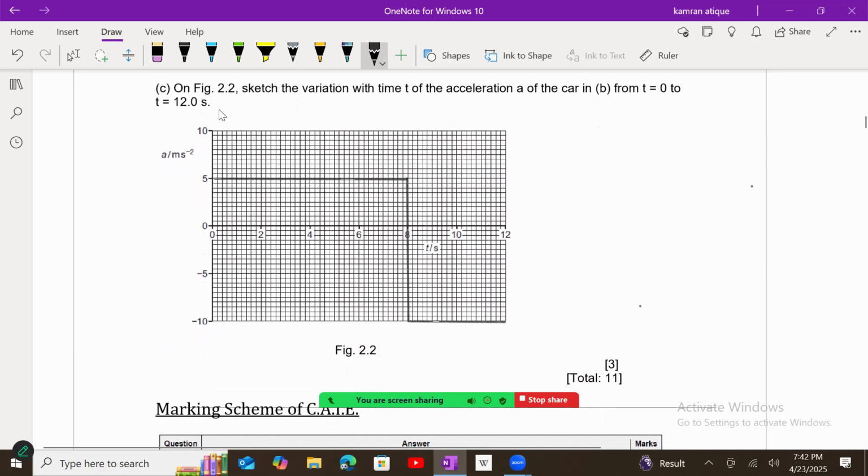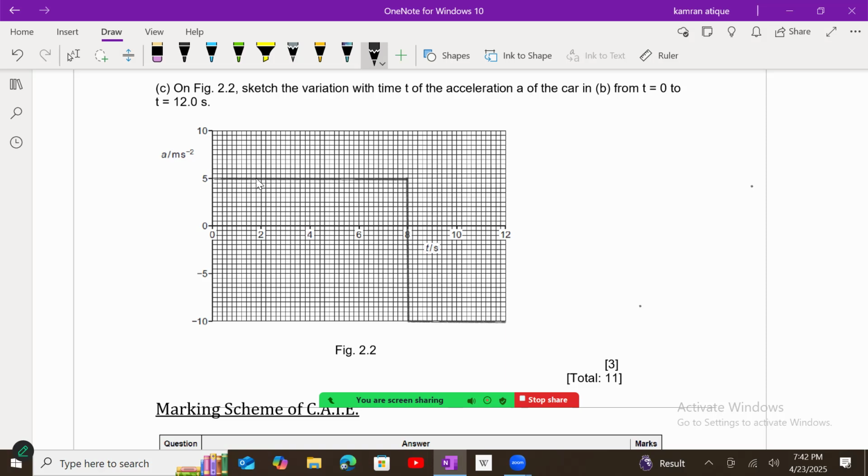On figure 2.2, sketch the variation with time t of the acceleration a of the car in B from time equal to 0 to time equal to 12 seconds. As I have already told you, students, from the 0th second to the 8th second, the acceleration remained uniform or constant, equal to 5 meters per second square.